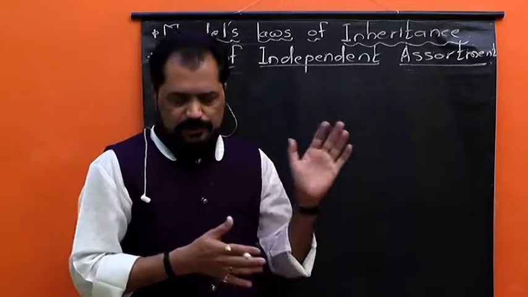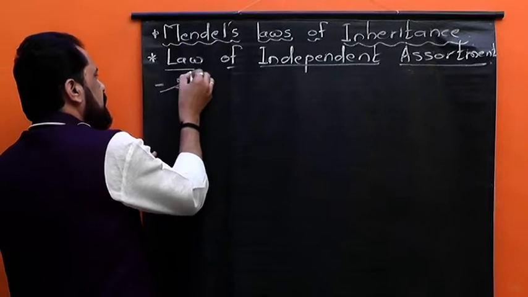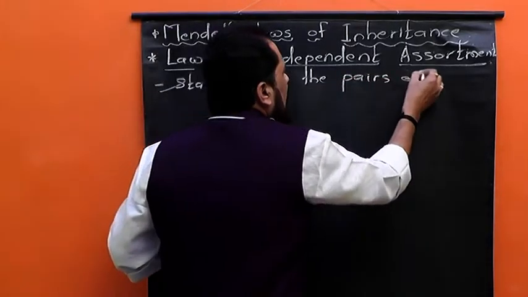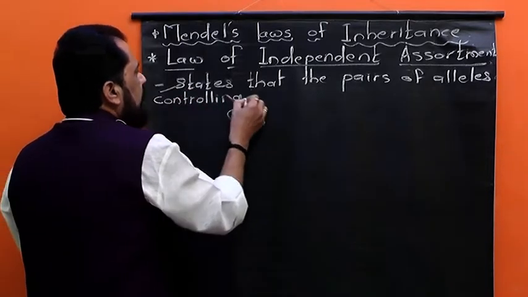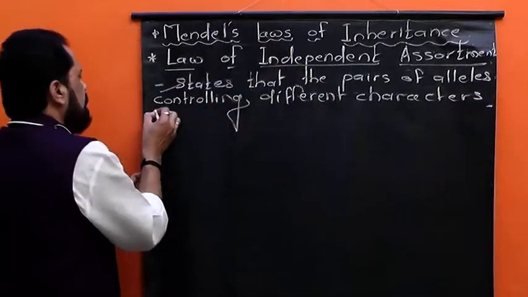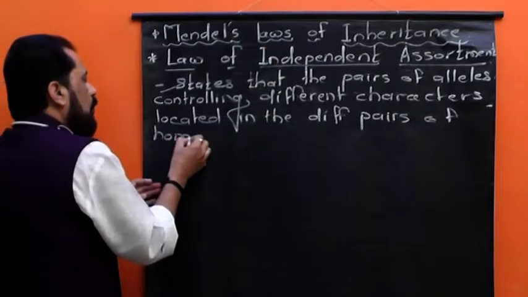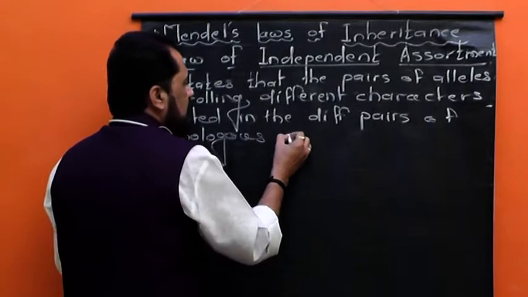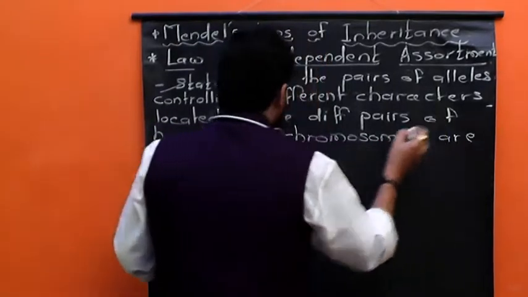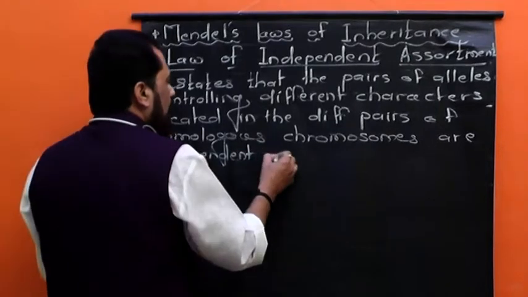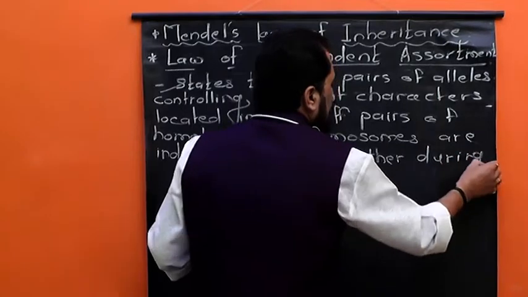Here I am going to write first of all the statement of law of independent assortment at the blackboard. Listen. Law of independent assortment states that the pairs of alleles controlling different characters, located in the different pairs of homologous chromosomes, are independent of one another during segregation.